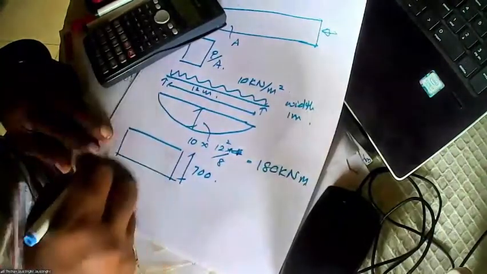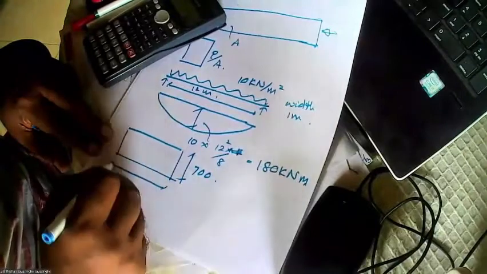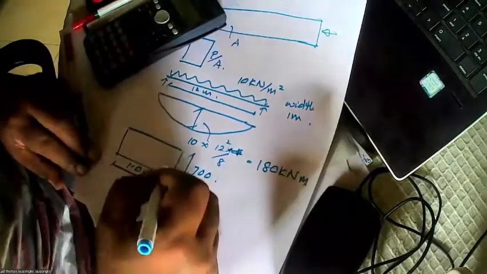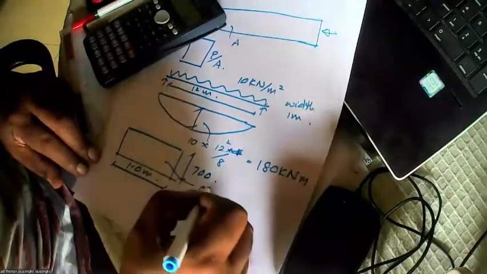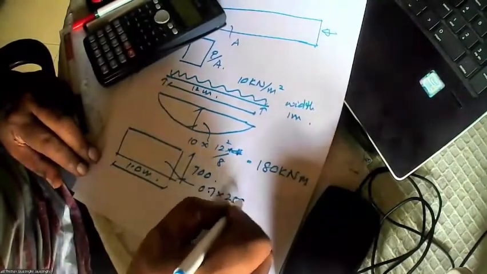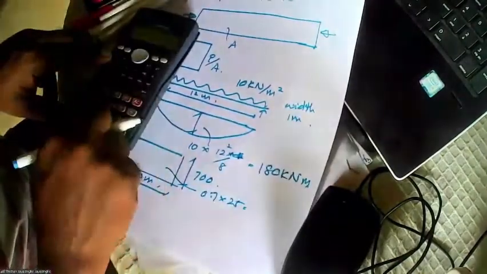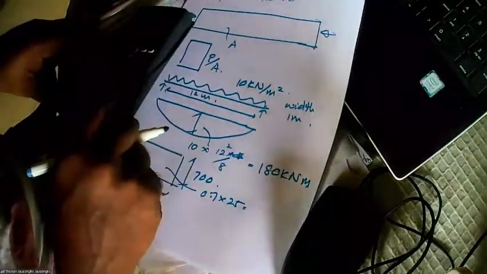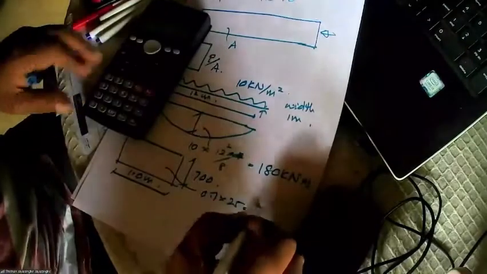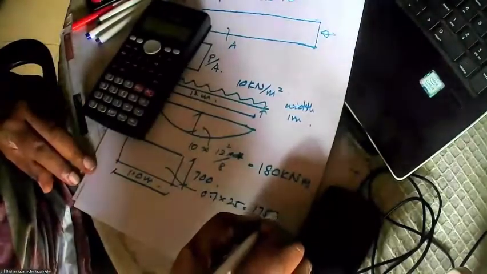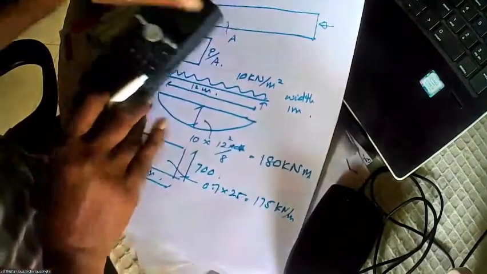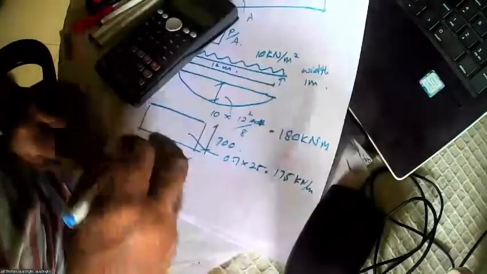And the width is 1 meter. So the self weight is 0.7 into 25. What is that? 17.5 kilonewtons per meter.